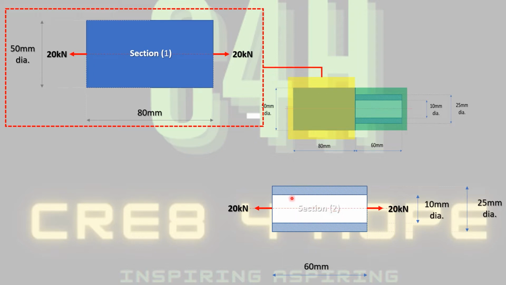You've got an internal bore that goes all the way through that section and measures 10 millimeters in diameter, and the outside diameter is 25 millimeters, and the span of that section is 60 millimeters. So let's have a go working this out, and I'll come back to go through the summary for this problem.